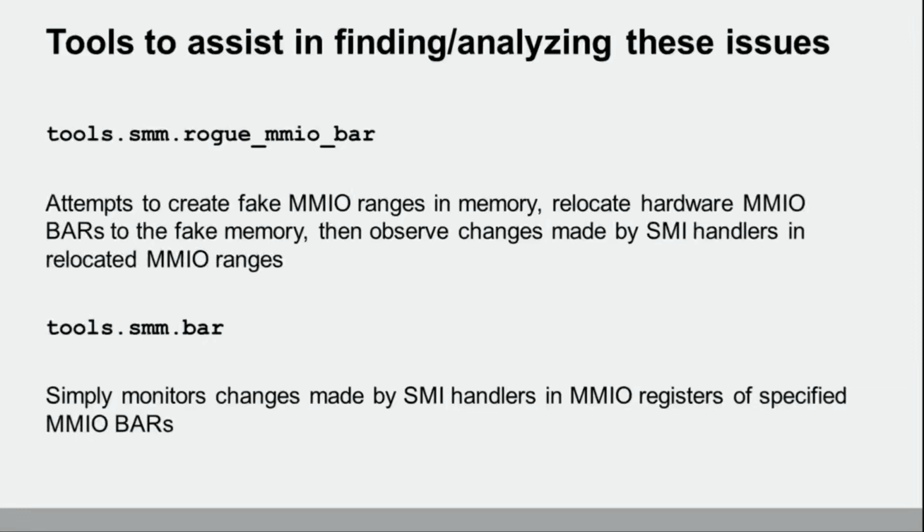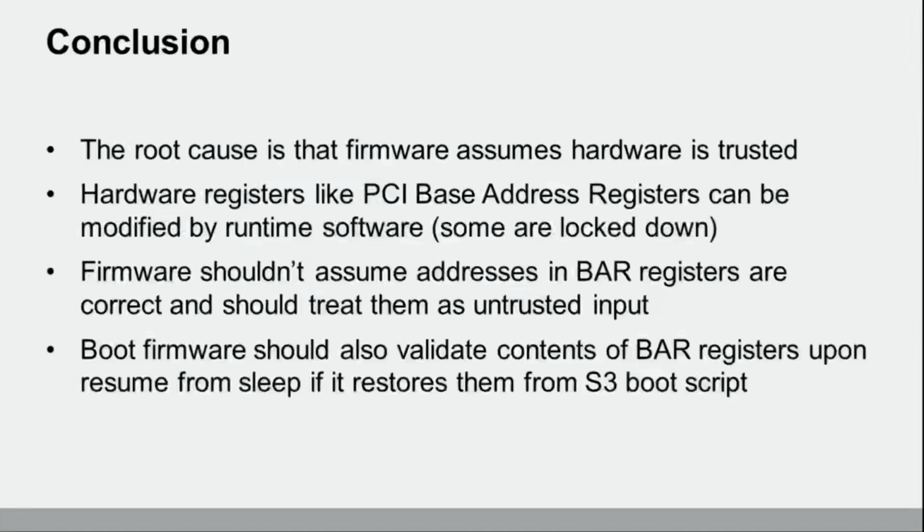So the root cause of this type of issue is that the firmware assumes that all of the hardware is trusted, including all of the configuration registers for all the hardware devices or the entire chipset, that they are not modified by some malicious code, for example, lockdown.